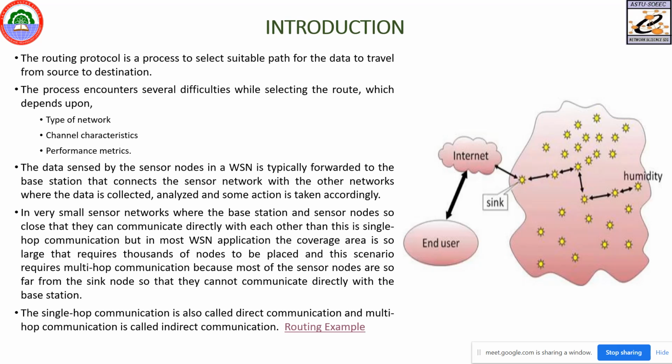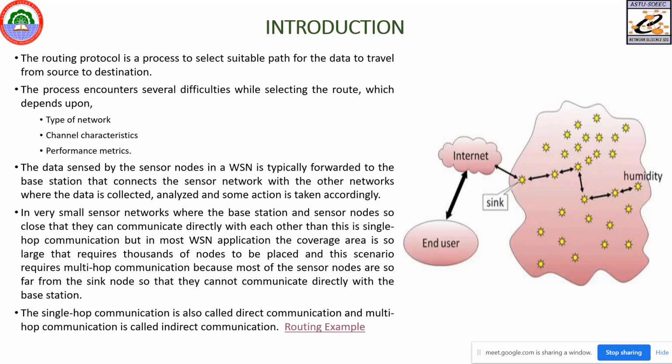But when the source and destination are outside each other's communication range, the problem happens and multi-hop communication is needed. Single hop communication is not possible as the two sensor nodes are outside the communication range.